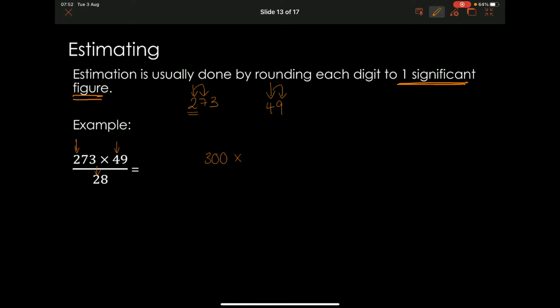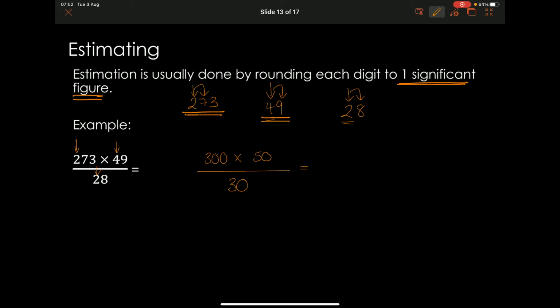We look at the digit next to it. It's a 9, so that rounds up, and that becomes 50. Again, you must keep it. This is hundreds. This is tens. We can't make that 5 and that 3. It won't work. And then 28, again, we look at the 2, and the digit next to it is an 8, so we round that up to a 3, so that becomes 30.